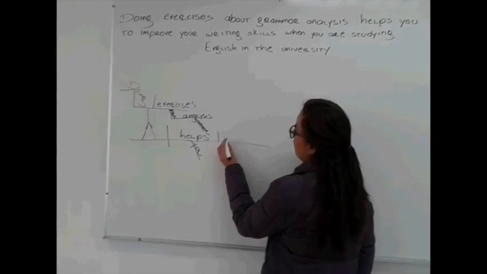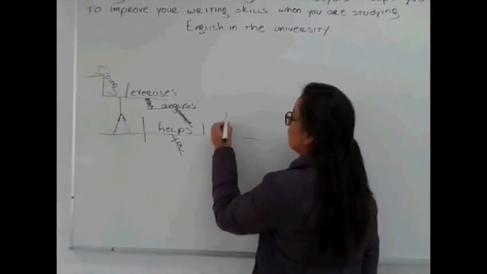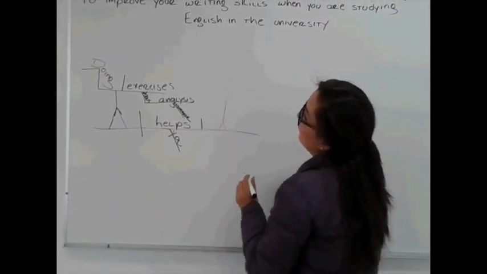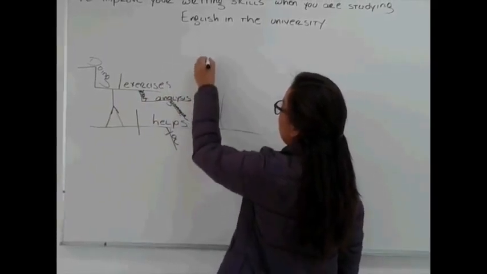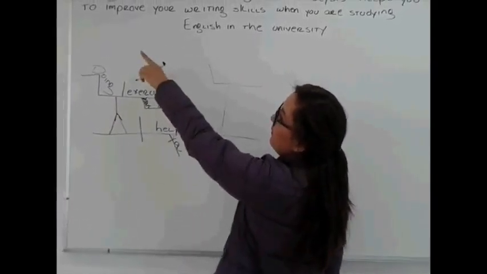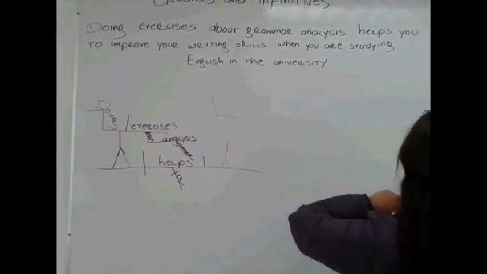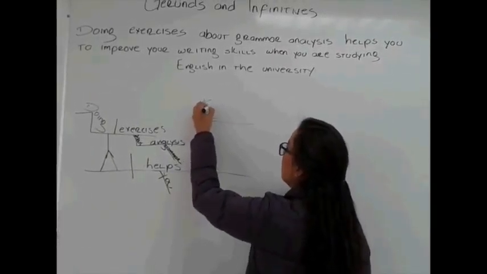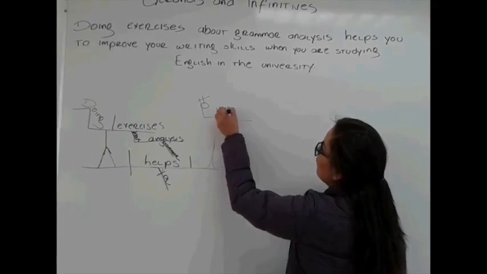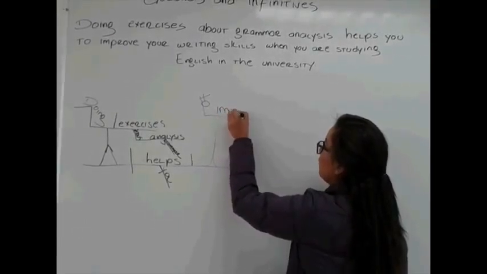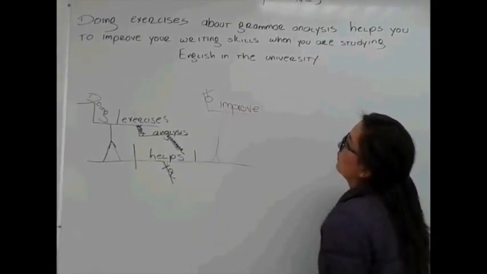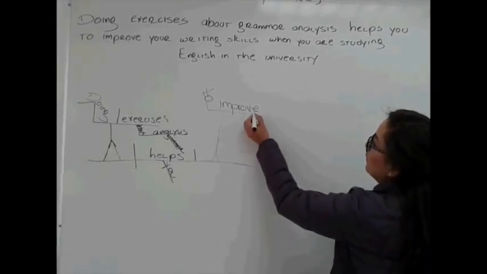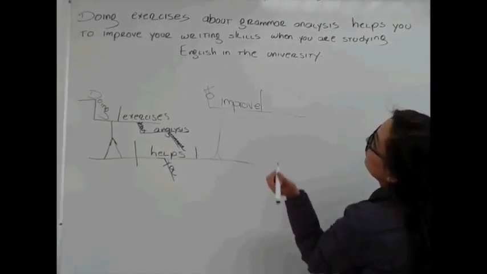We need a tripod again. But in place of this, we need this, because we are talking about an infinitive. So we have to improve. To improve what? Our object.